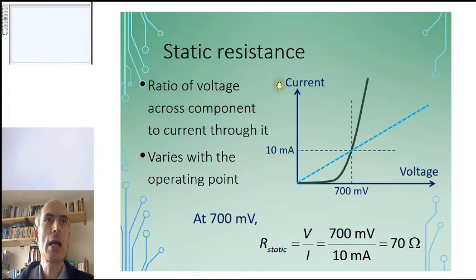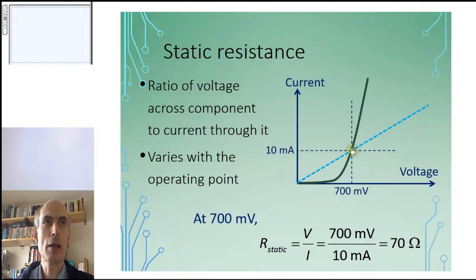So, for a diode like this, the static resistance would be 1 over the gradient of this dotted blue line. 1 over the gradient because this graph has current on the y-axis, so the gradient would be current divided by voltage. Current divided by voltage is 1 over resistance.